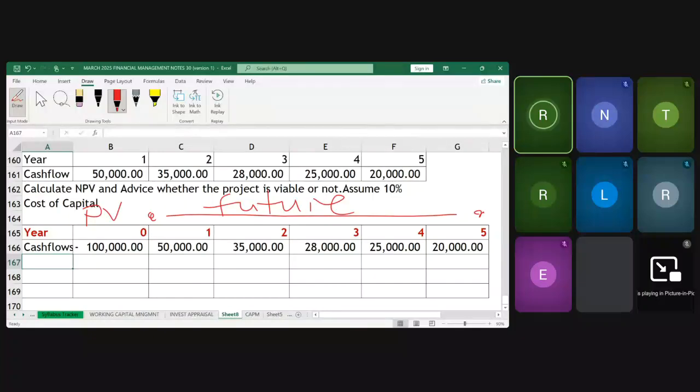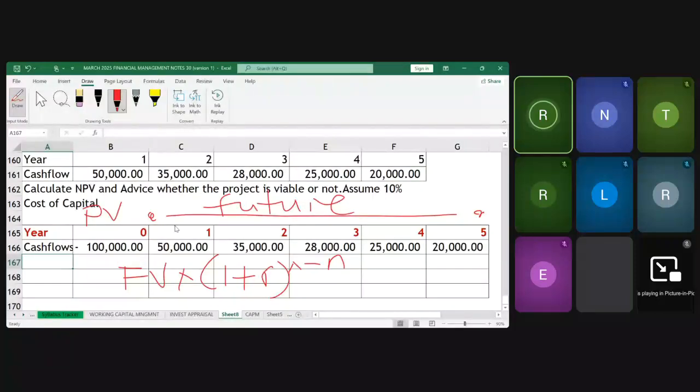I'm explaining that. So how do you discount? We have agreed that in order for us to discount, we say the future value times (1 plus r) to the power minus n. This is how we are going to discount the cash flows.